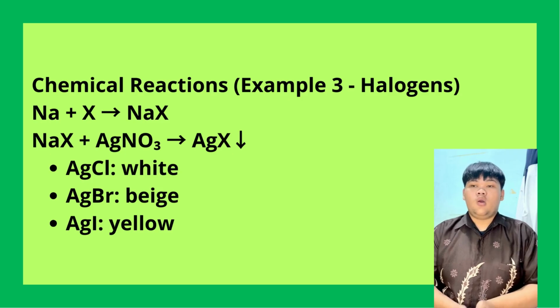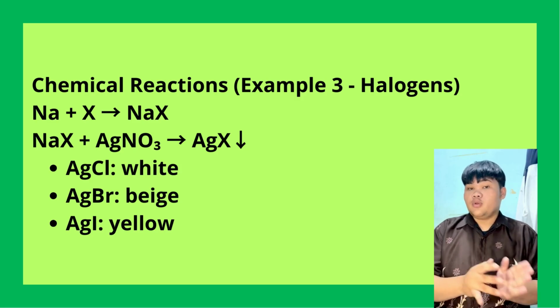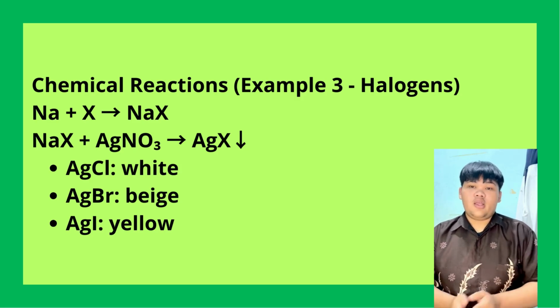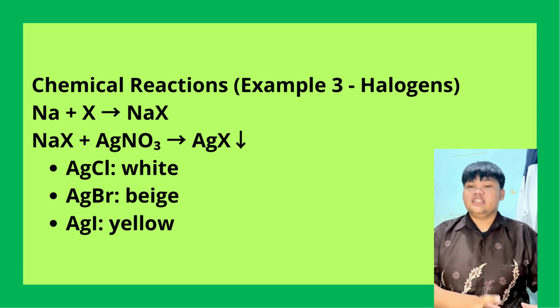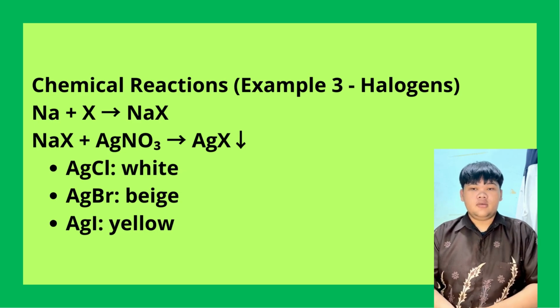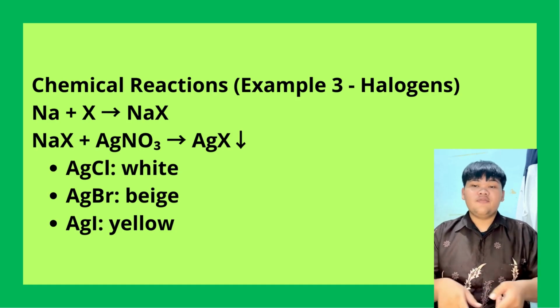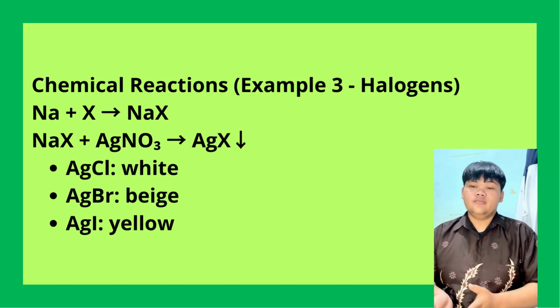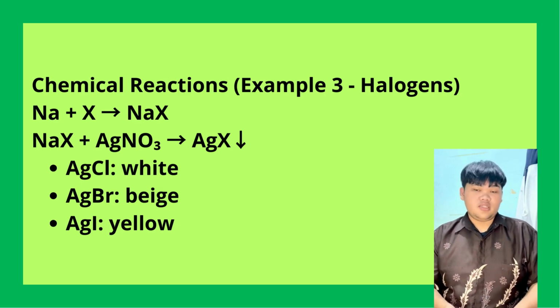Now the third reaction is the reaction example of halogens: Cl, Br, or I. Sodium plus halogen produces sodium halide, or NaX. For example, Na plus Cl produces NaCl, or table salt. NaX plus silver nitrate, or AgNO3, produces a colorful precipitate.